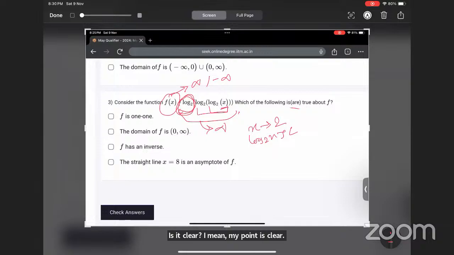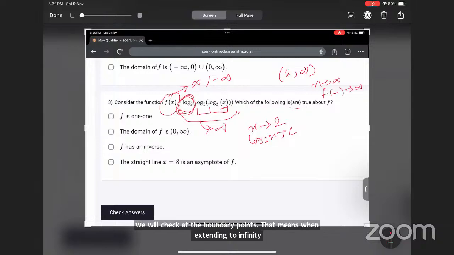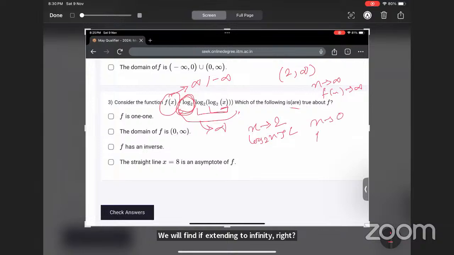No, ma'am. About the logarithm, once again, could you explain the vertical asymptote part? Okay. So here, what was our domain? The domain was 2 to infinity, right? So we will check at the boundary points. When x tends to infinity, we will find f(x) tending to infinity. And when x tends to 2, f(x) tends to minus infinity.